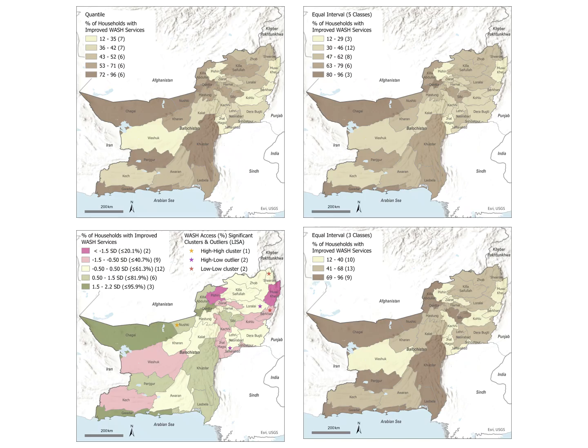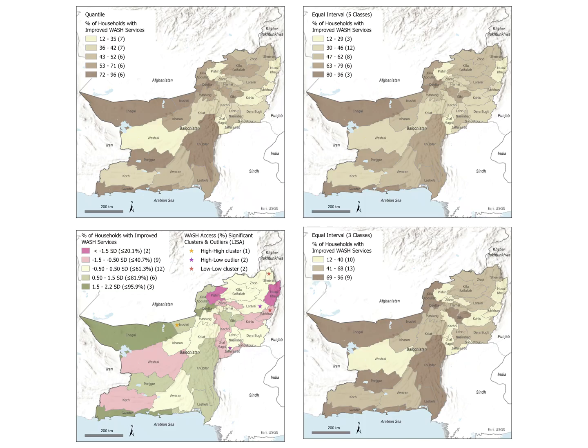You have heard the words classification scheme and methods frequently in this presentation. So here is an example. There are four maps of the same study area, the same data sets, in other words the same variable, using different classification methods. The first two maps on the top have five classes each, but the class intervals change. The first one is 12 to 35%, and the other map is 12 to 29% as the range of the first category.